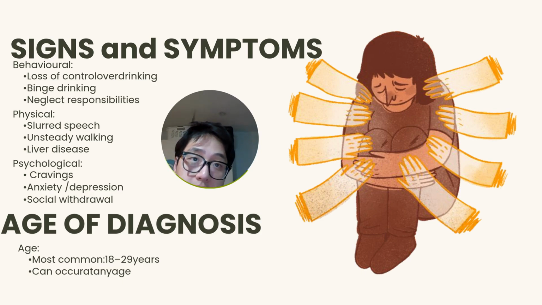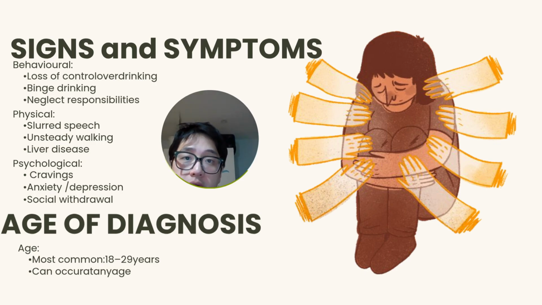Are they spending a lot of time obtaining or recovering from alcohol, which is affecting daily responsibilities? Physically, slurred speech is usually a big red flag. We also look for tolerance, needing more to get the same effect, and withdrawal symptoms like tremors or sweating.